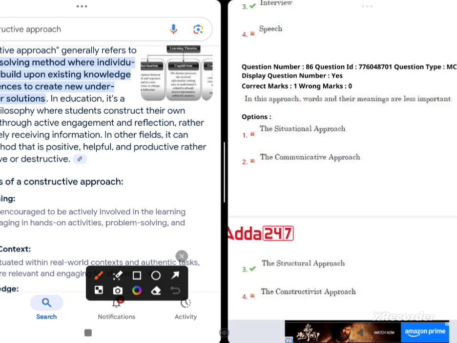The last one is constructive approach. A constructive approach generally refers to a problem-solving method where individuals build upon existing knowledge and experience to create new understanding.